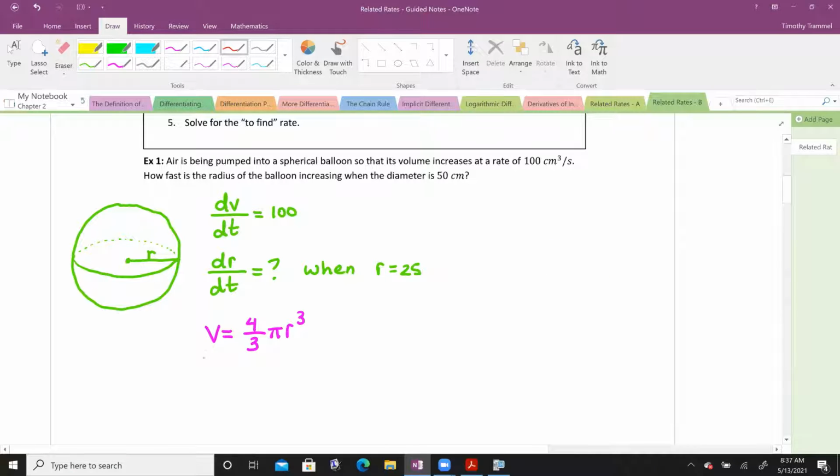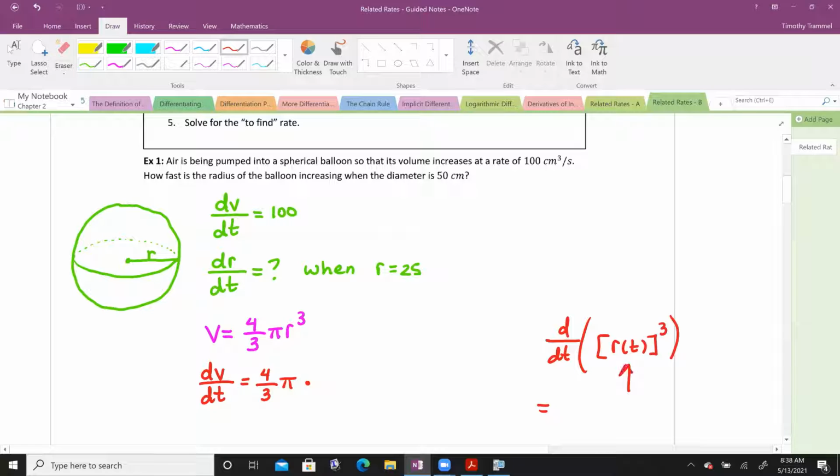So taking the derivative of V with respect to t, nothing crazy happens here because we don't have to apply the chain rule. The derivative of V with respect to t is just dV/dt. But on the other side here, we are going to need the chain rule, and this is the side where it might be a little more confusing. I'm going to start off by just writing our constants down, the 4/3 pi. But just keep note here on the side, we're differentiating something that actually looks like this. I'm just writing this so that it's clear that we need to use the chain rule.